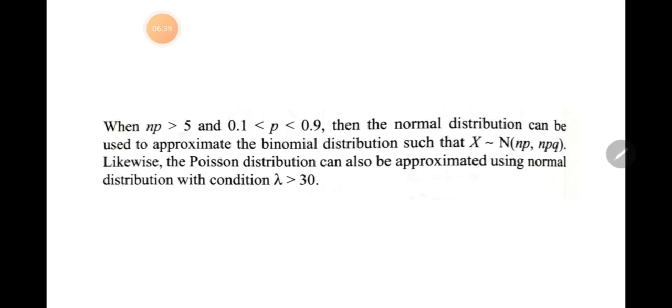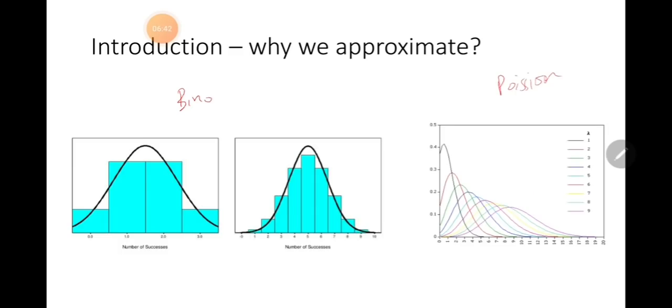Statisticians would usually investigate the shape of the distribution before doing some sort of approximation. So on your left-hand side is the histogram for the number of successes, say n equals 10. As you increase the number of trials, the number of successes will increase. And here you get n equals 50.